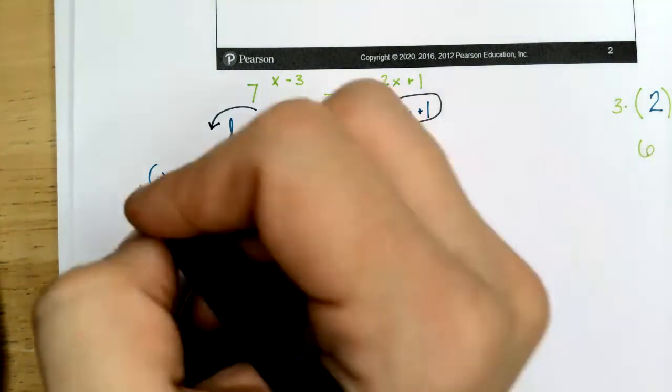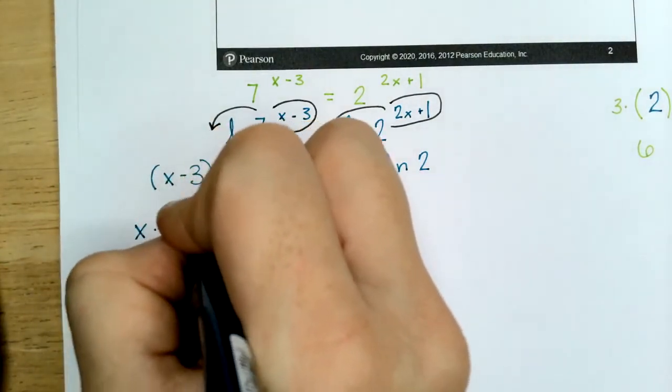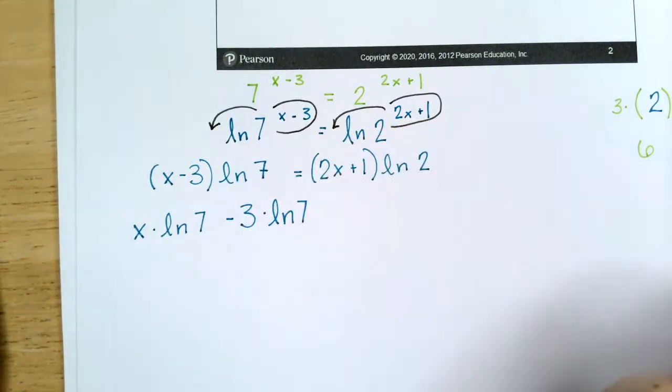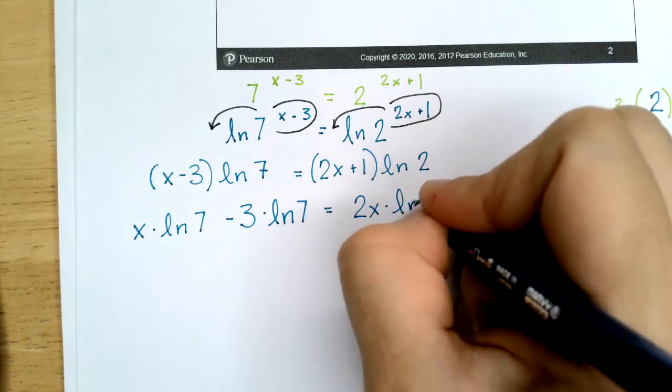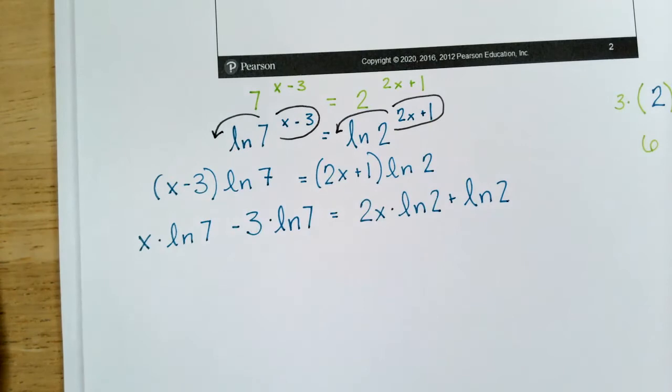So now I have x times the natural log of 7 minus 3 times the natural log of 7 equals 2x times the natural log of 2 plus the natural log of 2. Okay? And I'm solving for x.